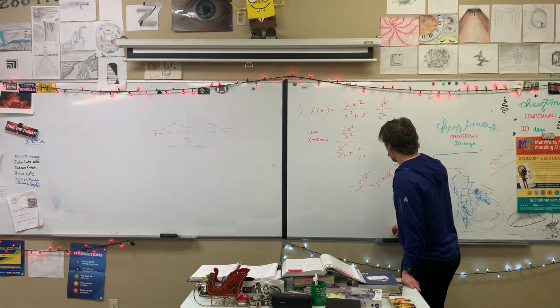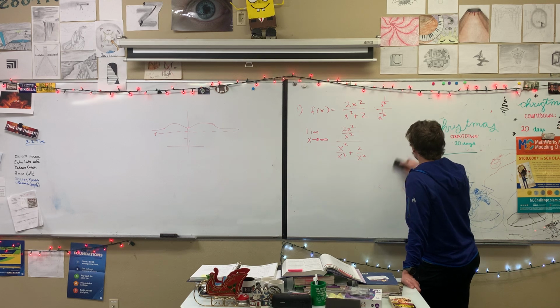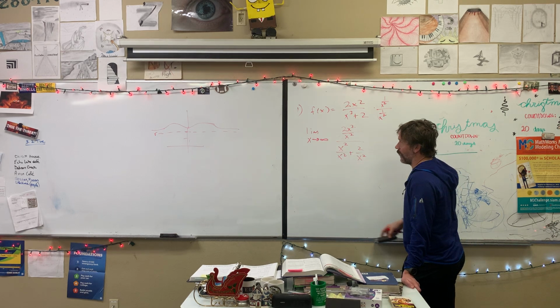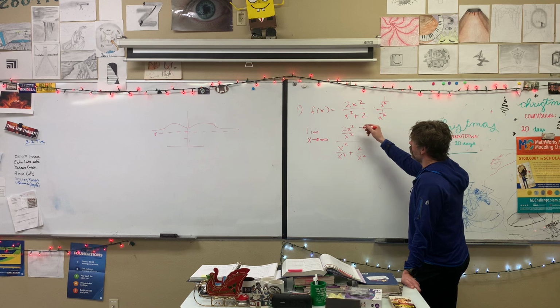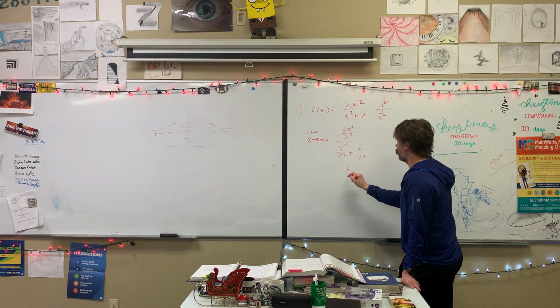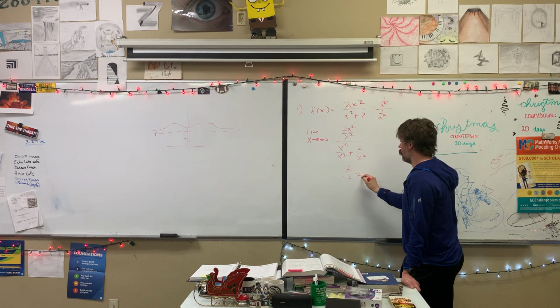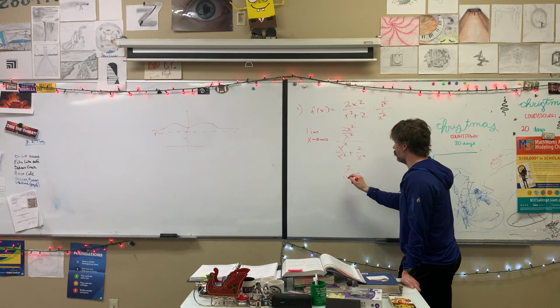So in this case, this is number 1, and we're trying to find a graph that matches it. We look at number 1, okay, this cancels, and you're left with 2 over 1 plus 2 over x squared, right?